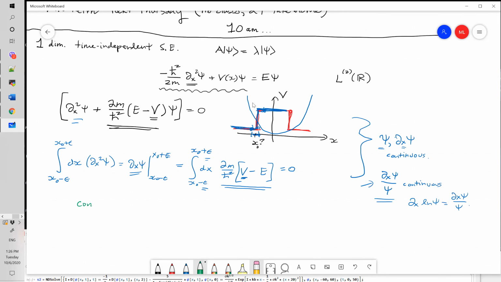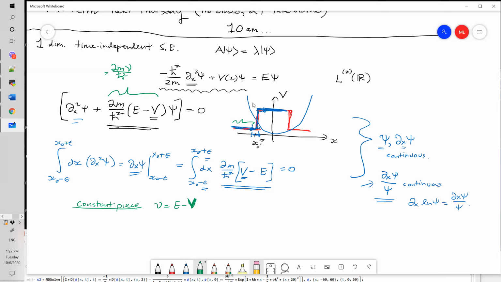So what about the constant piece? How about in this region, what's the solution? Well, in that case, V is a constant, and so this whole thing is a constant, and we could set this equal to 2m nu over h bar squared if we wanted, where nu is this E minus V piece, where V now is a constant.